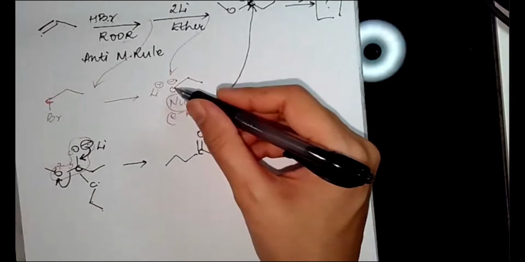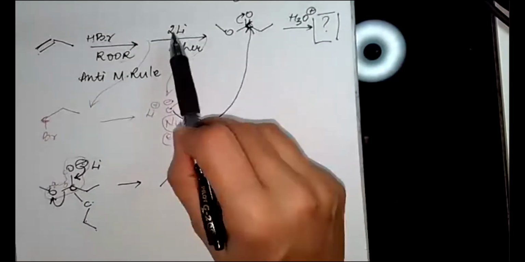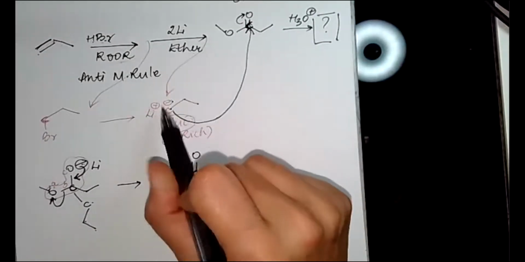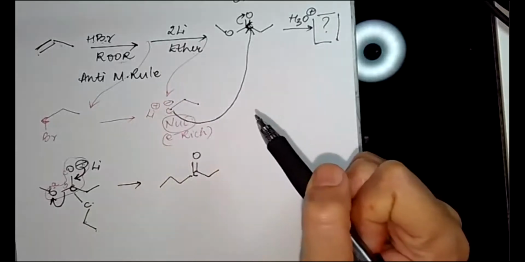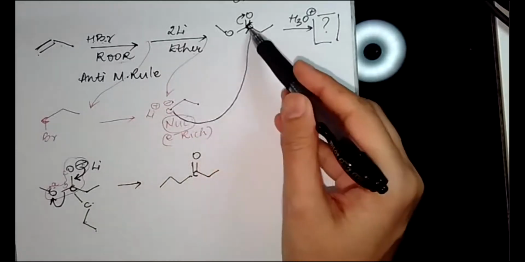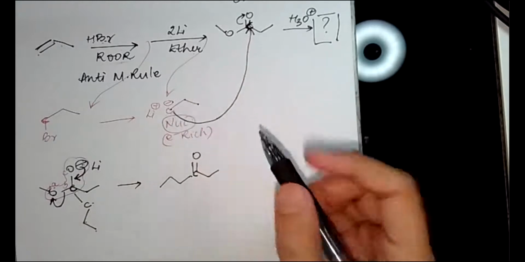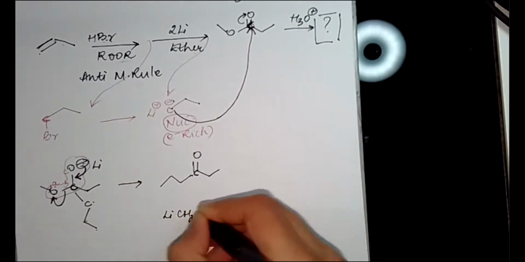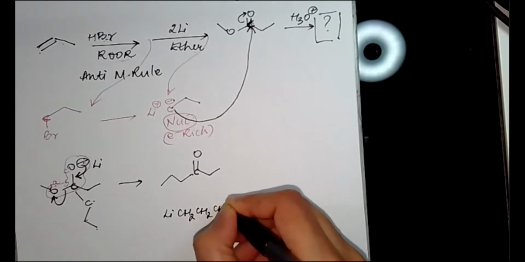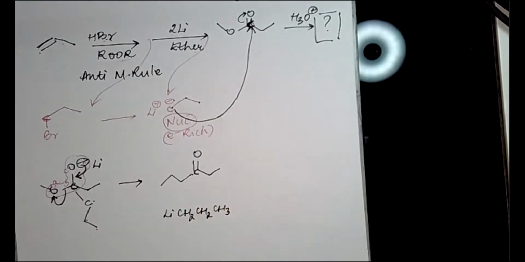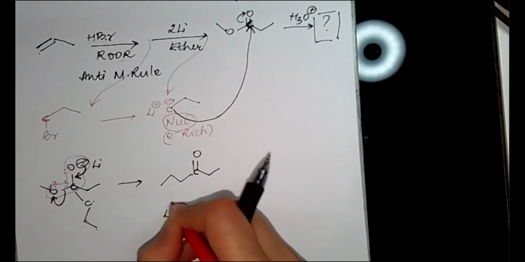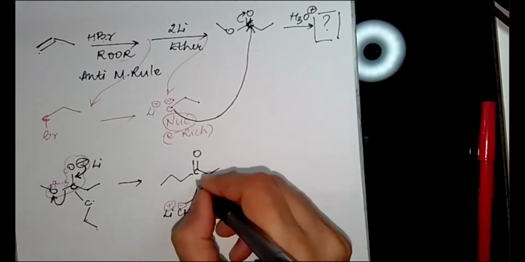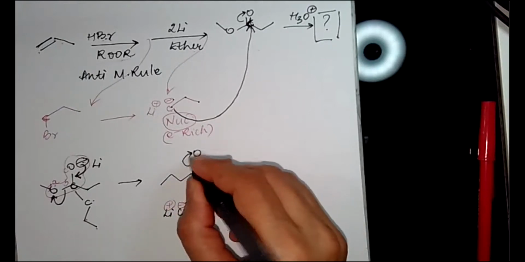So this particular molecule, there were 2 of these. So 2 of these molecules were also generated. One of the molecules attacked this carbonyl, the other will again be ready to attack this carbonyl.